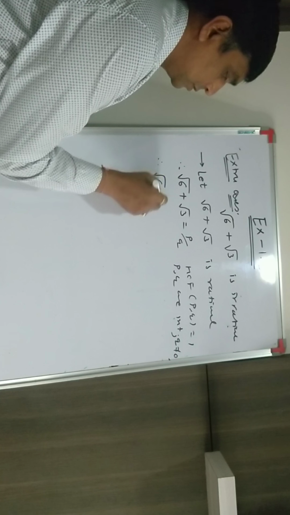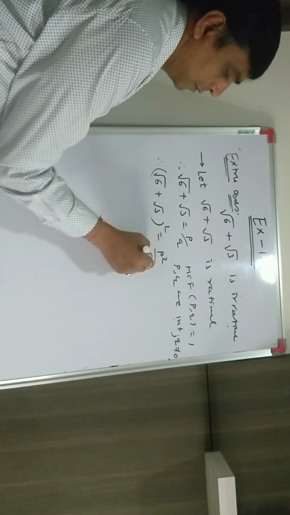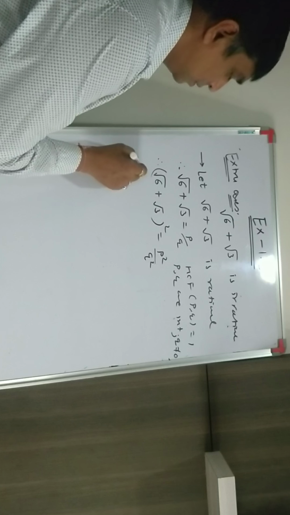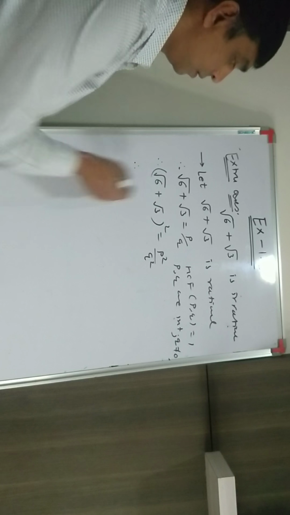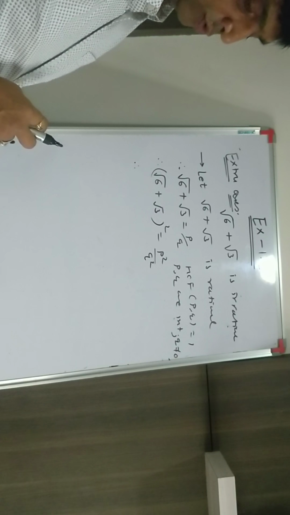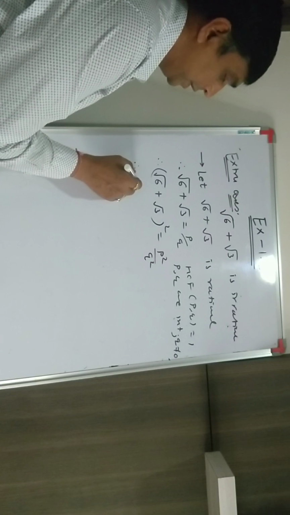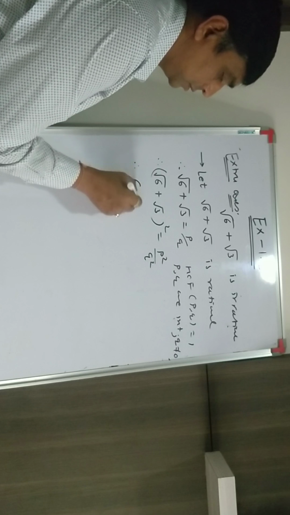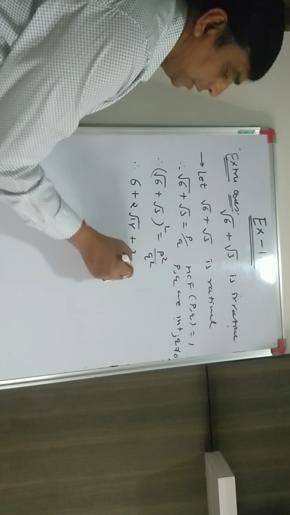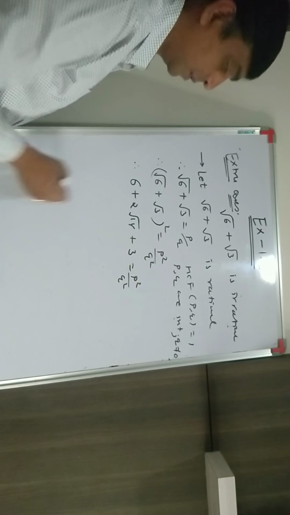So (root 6 plus root 3) whole square equals P square upon Q square. Like (A plus B) whole square, so A square plus 2AB plus B square. So it is 6 plus 2 root 18 plus 3 equals P square upon Q square.